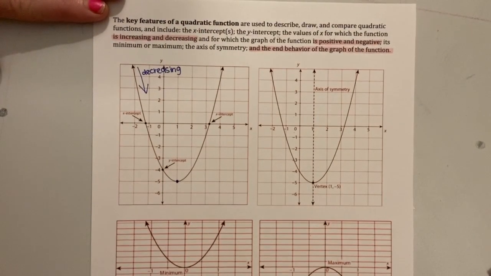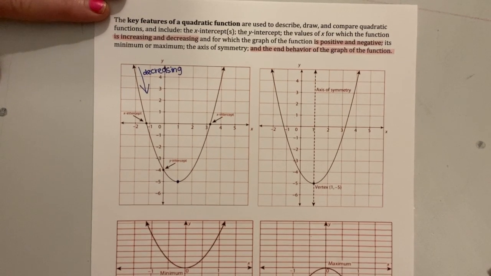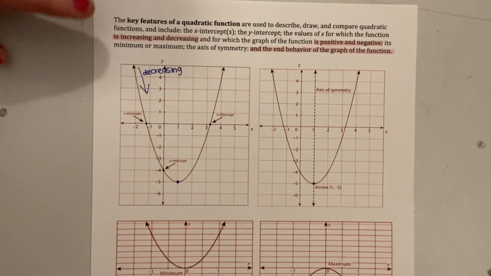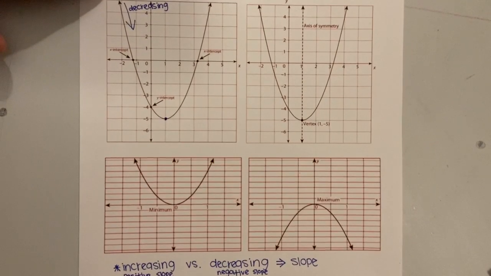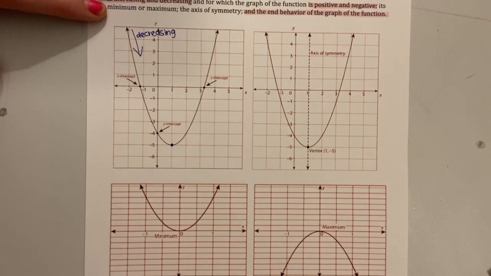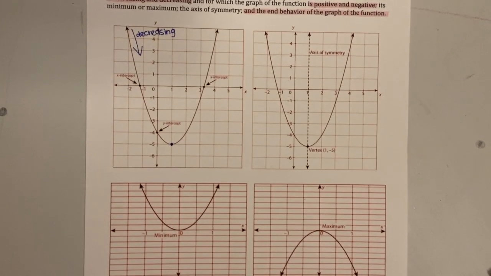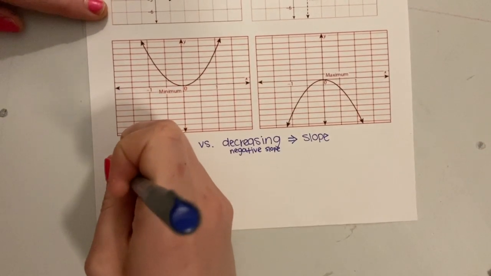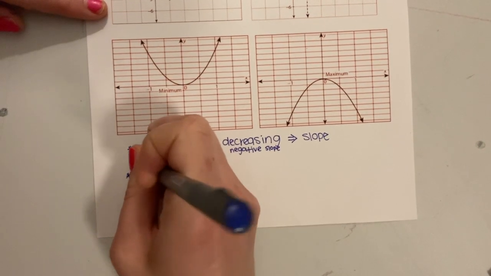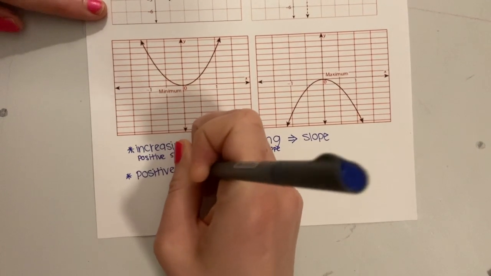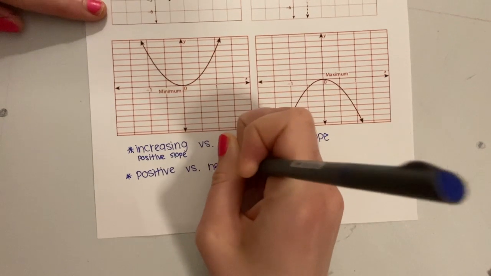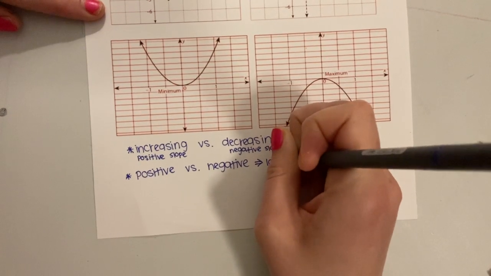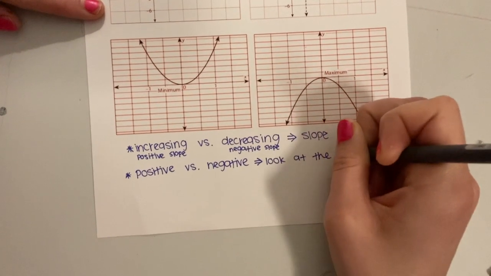When we're thinking about positive versus negative, so if it asks what part of the graph is positive and what part of the graph is negative, you're thinking about the y value. So for which values of x is my graph positive? For which values of x do I have positive y values? Down here, I'm just going to write a note for that. Positive versus negative, you're looking at the y values.